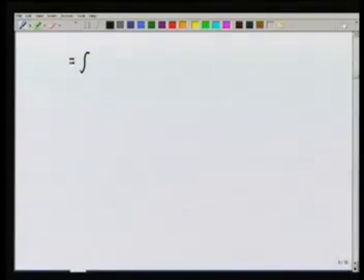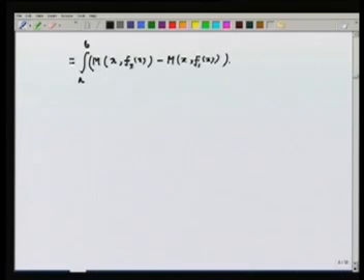So I can apply the second fundamental theorem of calculus to get that this is integral a to b of M(x, f2(x)) minus M(x, f1(x)), whole thing dx.